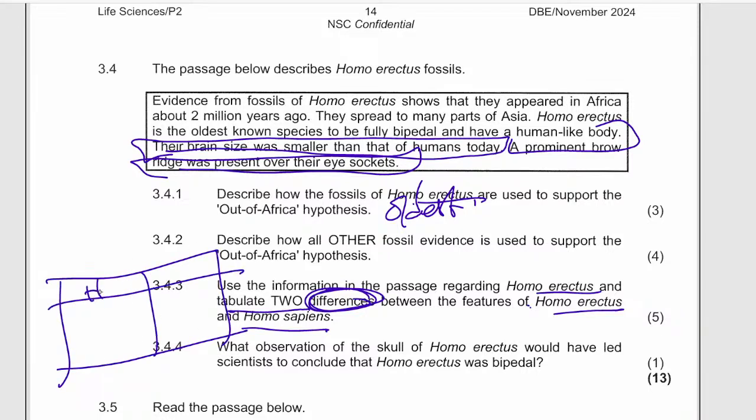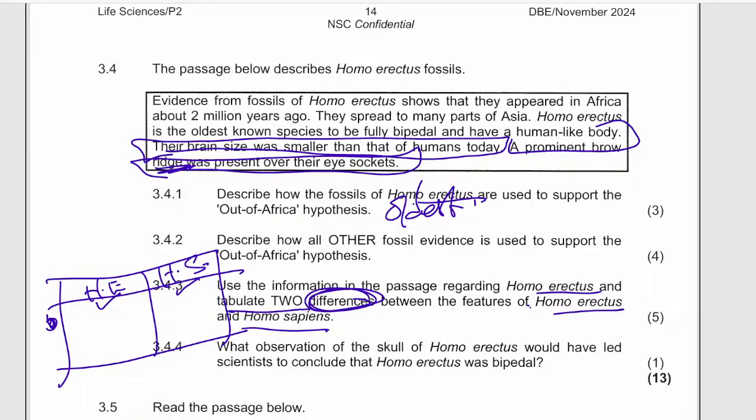You draw and put Homo erectus here, Homo sapiens there. Then point number one, I say that Homo erectus, they say that it has a predominant brow ridge. Then you tell us predominant brow ridge. Then here you talk about it has no brow ridge.